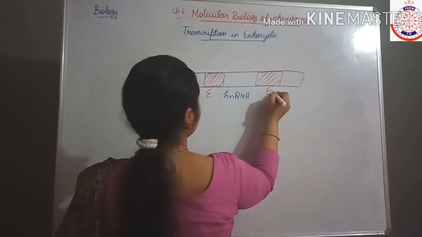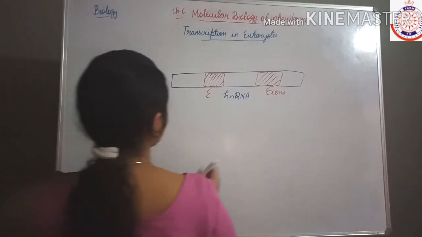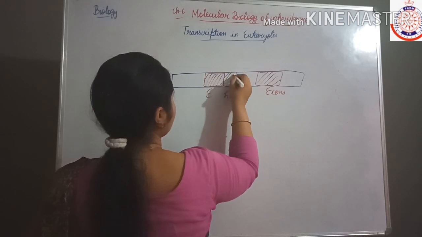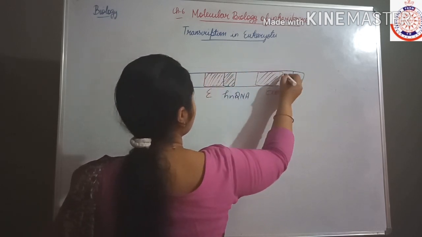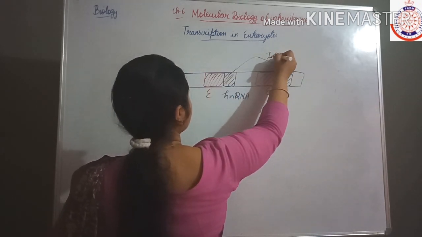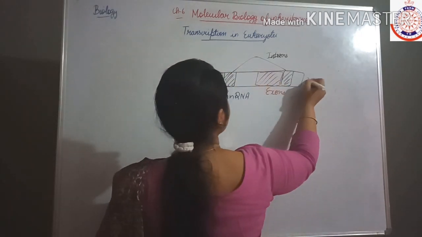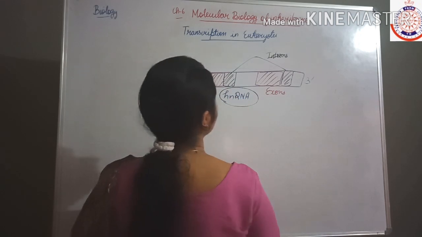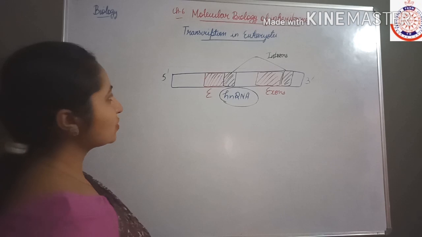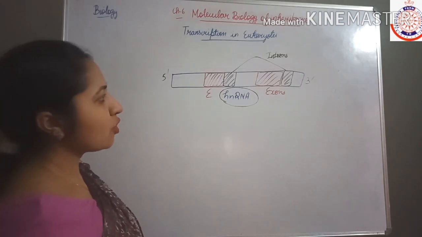These are the exons, and some intron sequences are also present; these are the introns. And this is the 5' end, and this is the 3' end. So this is the hnRNA, having both the introns and the exons, with the 5' end and the 3' end present.